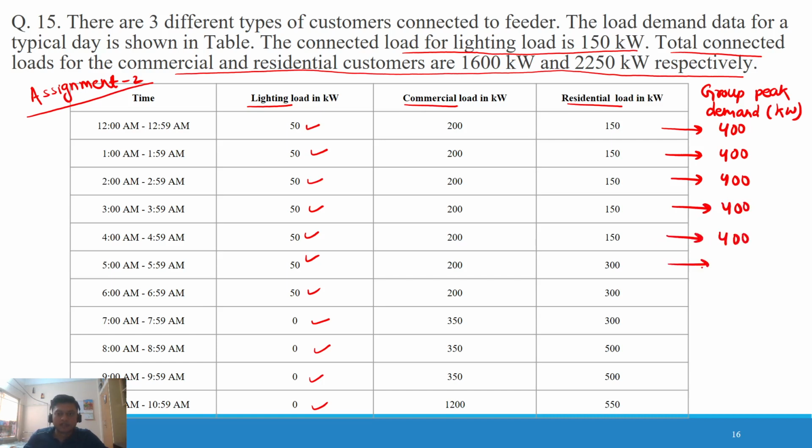Now it changes to 300 plus 200 plus 50, 550 kilowatt. This one is also 550 kilowatt. This one is 650 kilowatt, 300 plus 350. This one is 850. This one is 1750.